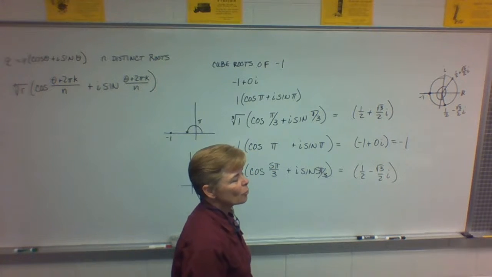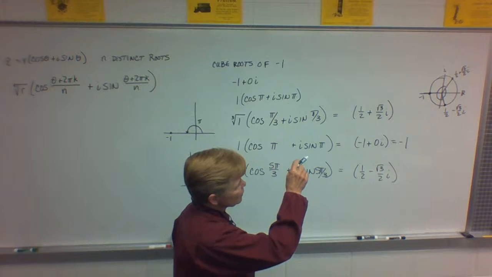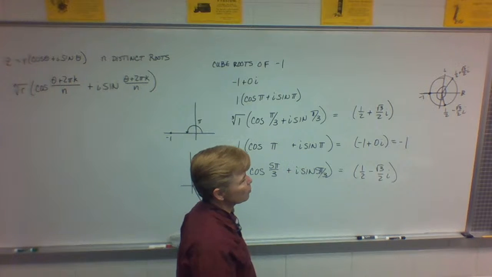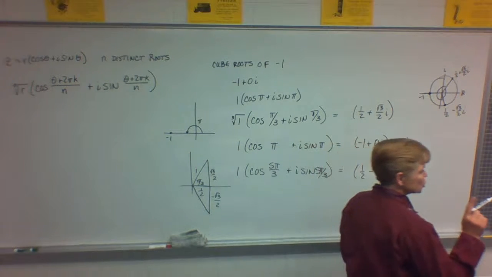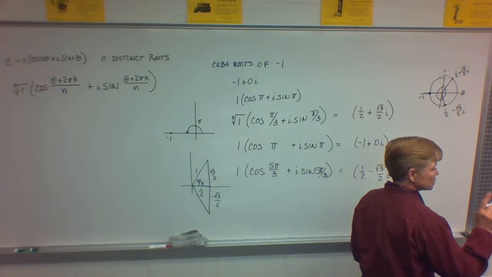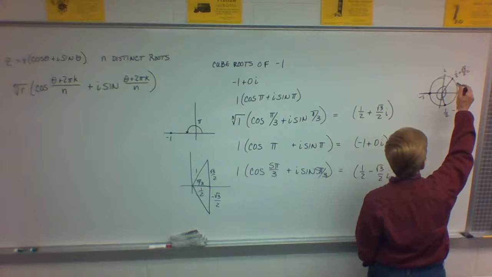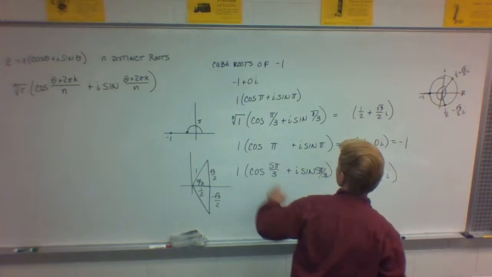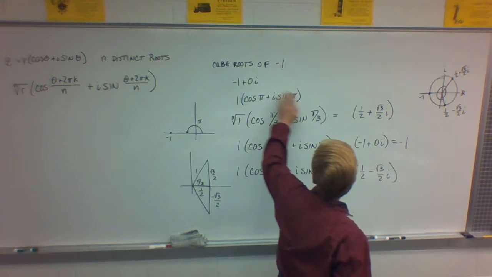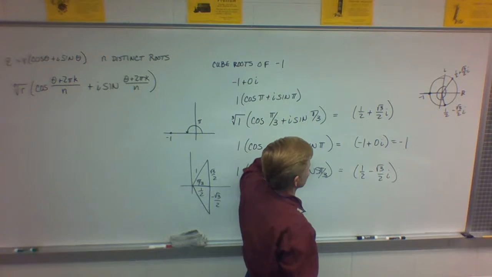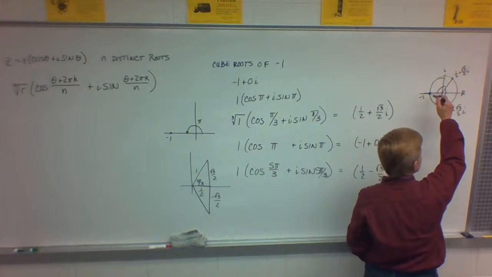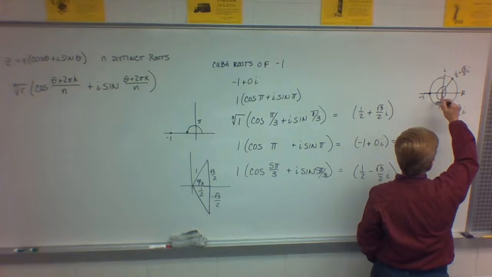Now, I want to go back. Now that you've seen how this fits on here, we split it up into 3 equal parts. Starting at any one of them, you really only need to find one. If you know that the cube root of -1 is going to be -1 for one of the roots, then start here. Go 120 degrees, put a point, figure out what it is.